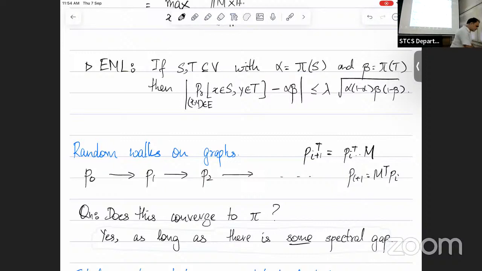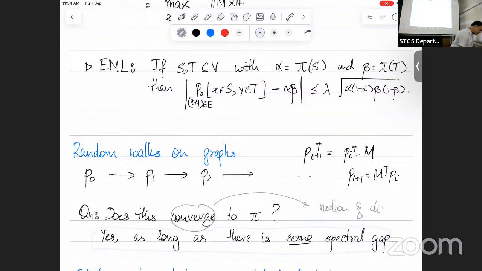But I also need to specify, when I say convergence, that I need to have a notion of distance. I want to say that these probability distributions get closer and closer. But what do I mean by closer? Of course, you can always come up with your own definition.